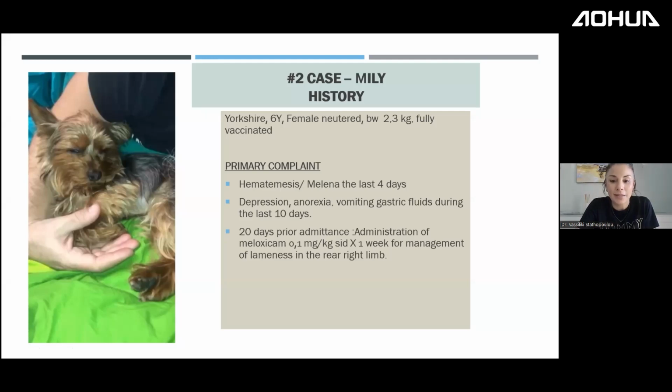But yes, if you want to give something, neither pantoprazole, esomeprazole, the PPIs, nor the H2 antagonists will protect. They will only heal after the ulcer is already developed, but they will not protect. We're going to talk about that later.